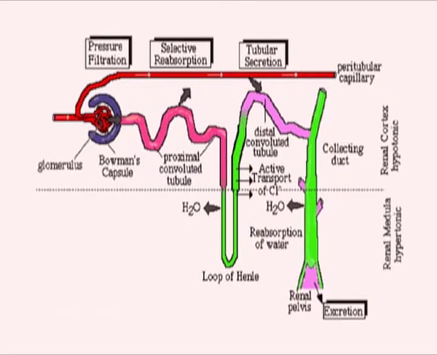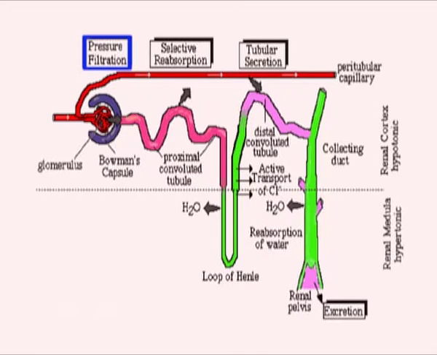It acts as a feedback mechanism regulating the renal blood flow and glomerular filtration rate. The juxtaglomerular cells are the site of renin synthesis and secretion. The formation of urine has the following three processes.